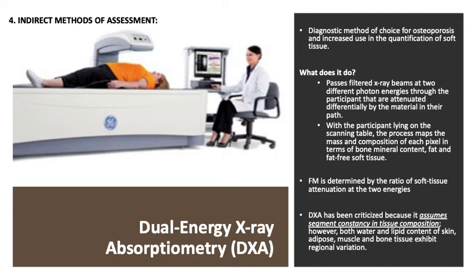Fat or adipose tissue, lean mass or muscle mass, and organs all have regional variability in the amount of water content. And so this method assumes constancy throughout the entire body. As well, we're splitting the body into 3 compartments only without considering water content, so that decreases the accuracy of the machine.